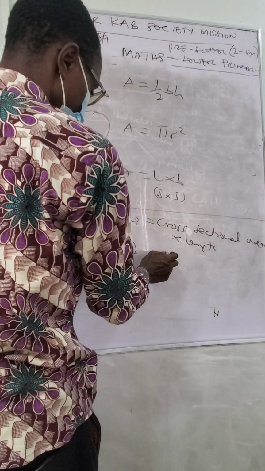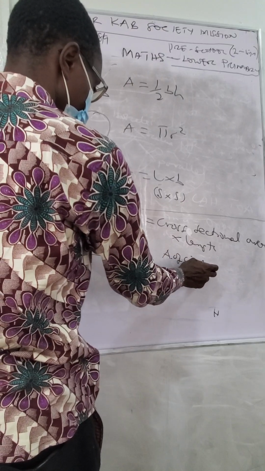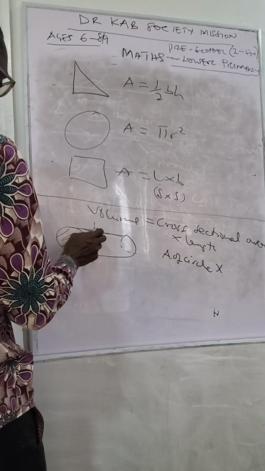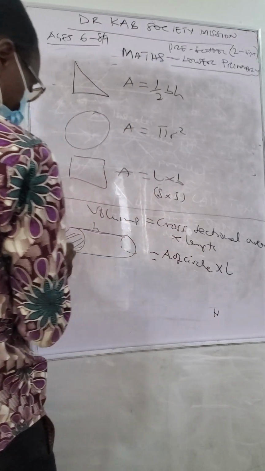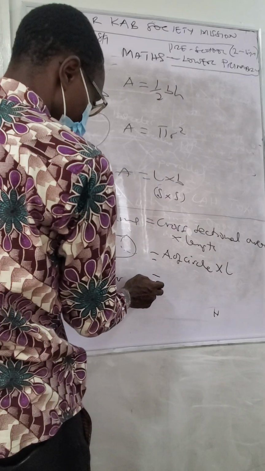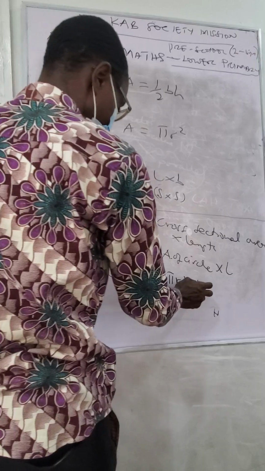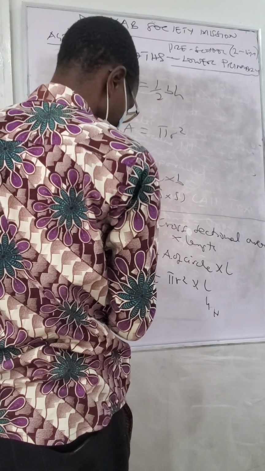So it is the area of the circle times the length, or height. It can be length or height, the same thing. This is a cylinder. So its volume is the area of the circle, pi r squared, times the length or height.